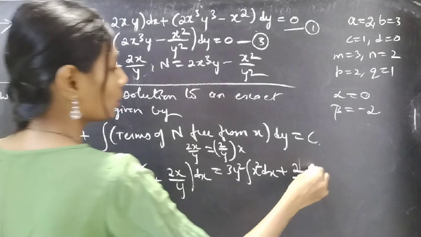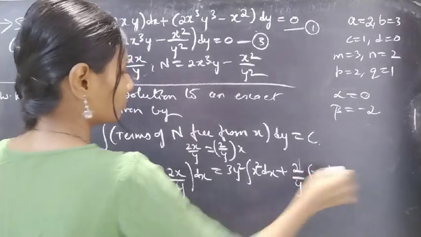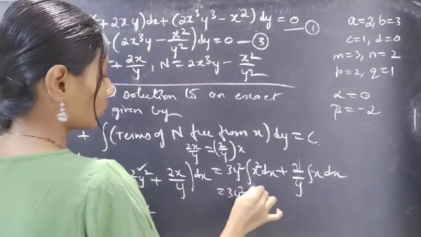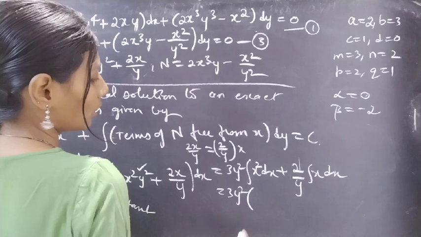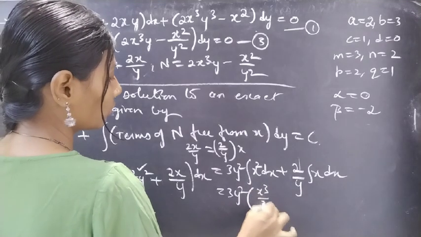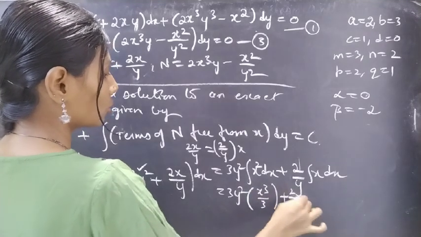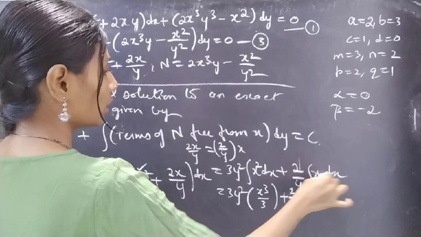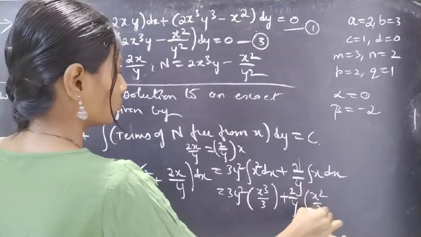Integral x square dx is x cube by 3, and integral x dx is x square by 2.